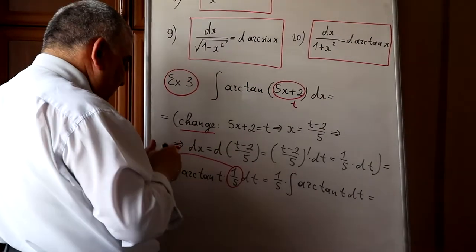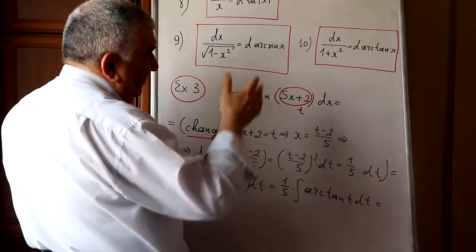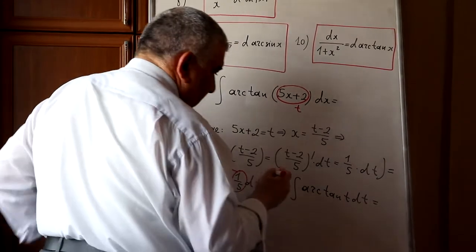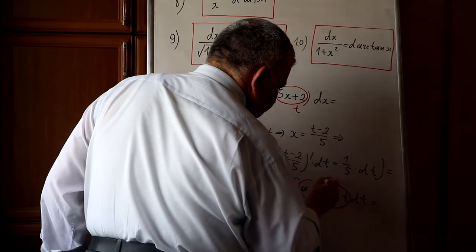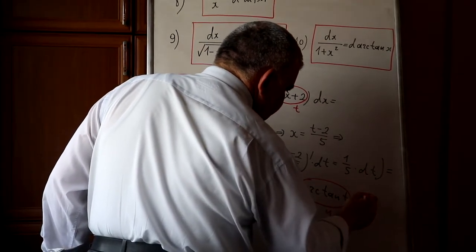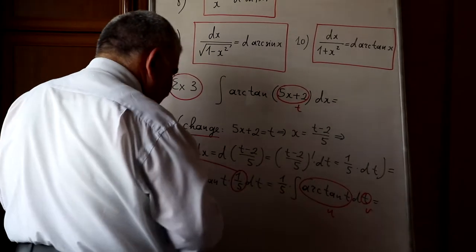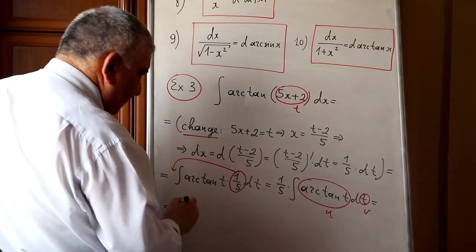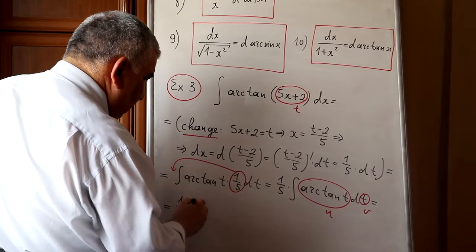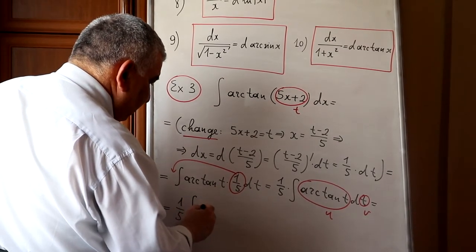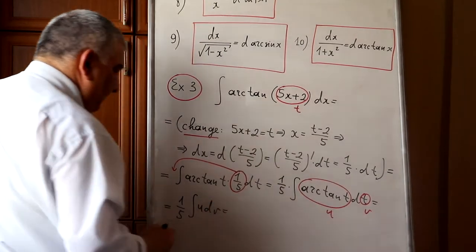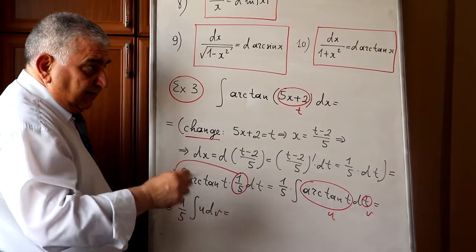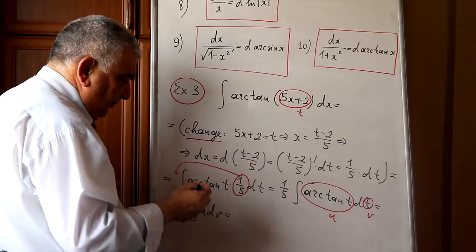Already this integral is related to the application of integration by parts. Let arctangent t be u and t be v. Then rewrite the last integral for the new variables: integral of u dv, and according to integration by parts, integral of u dv is equal to u multiplied by v minus integral of v du.